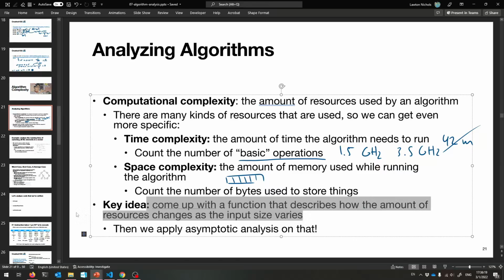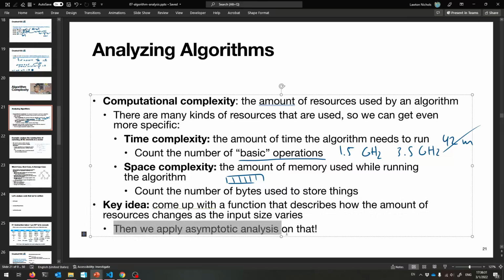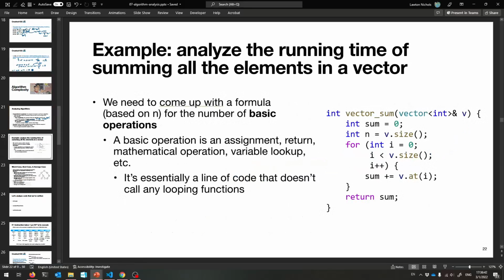This is how it's going to come full circle, right? We're going to make a function that keeps track of, as our input size increases, how much resources we're using, how much time we're using, how much space we're using, okay? And then we can finally use big O and big omega and big theta, and that gives us something to work with and actually asymptotically analyze, okay? That's where we're going. That's the point of all of this. Hopefully it makes a bit more sense than it did in 41, okay?